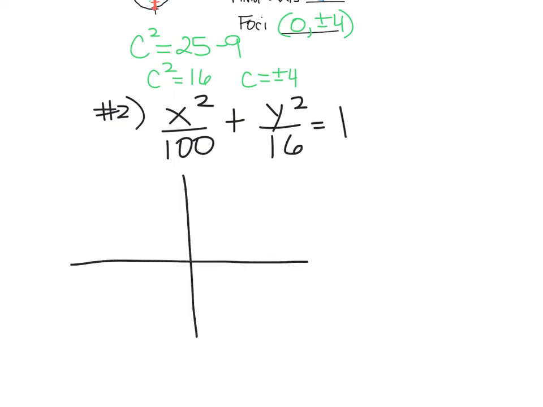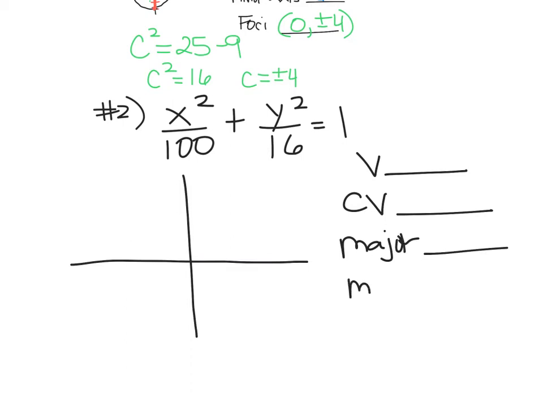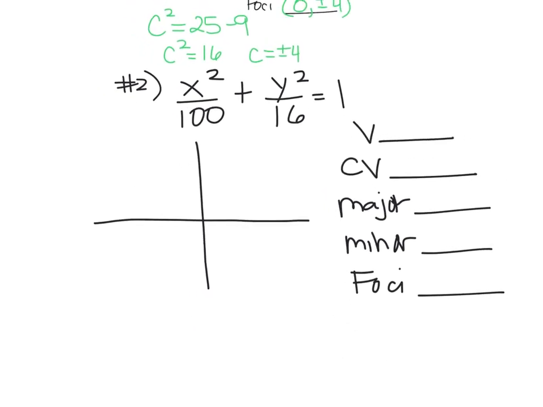So let's go ahead. We're going to find the vertices, the co-vertices, the major axis length, the minor axis length, and last, and kind of least because it's the hardest and our least favorite, is to do the foci. Okay, so here we go. Start with x right here. We have x squared over 100.